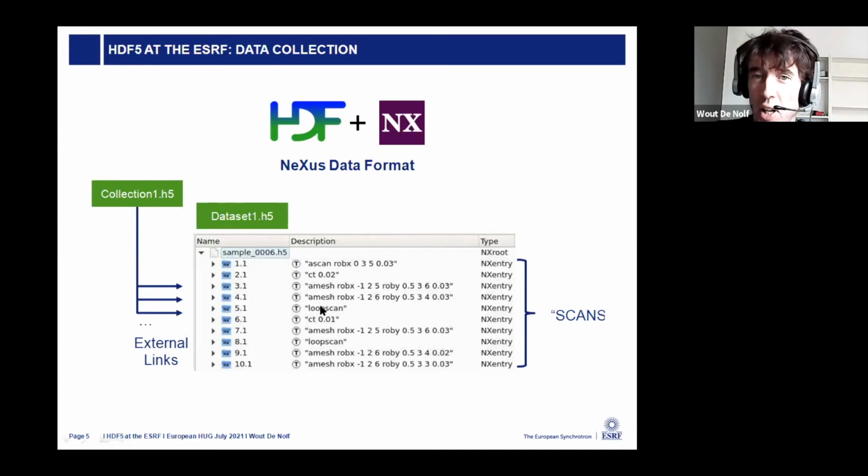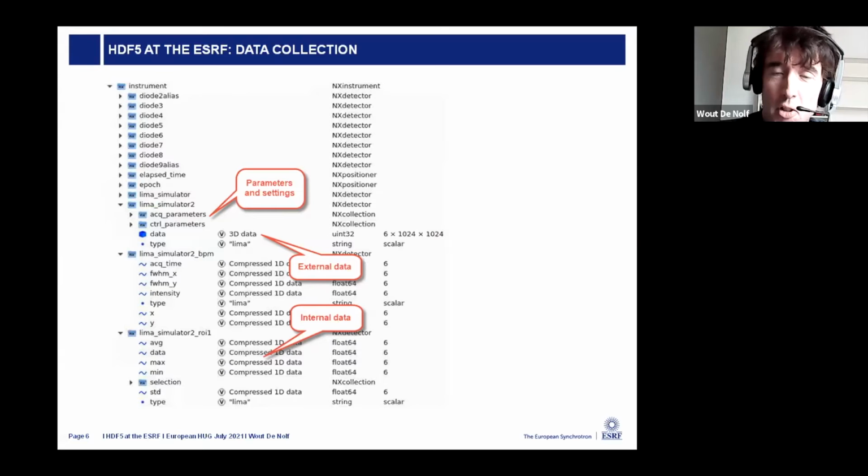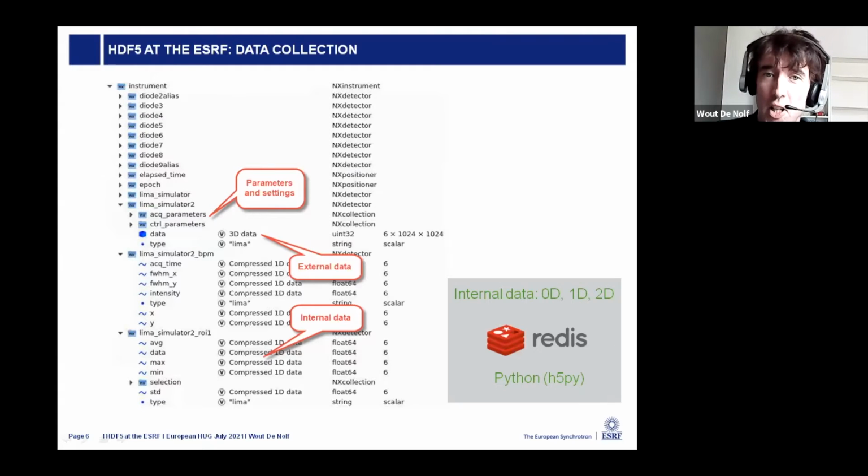Now let's have a look inside one of these scans. As I said before, we have several types of data. You have metadata, you could also call this data, parameters and settings of detectors, for example. Then you have data that is saved internally in this file, all done in Python. That's 0D and 1D detectors.